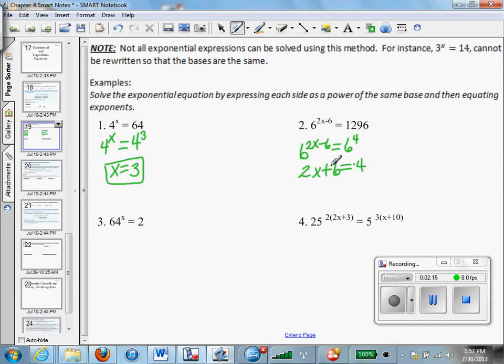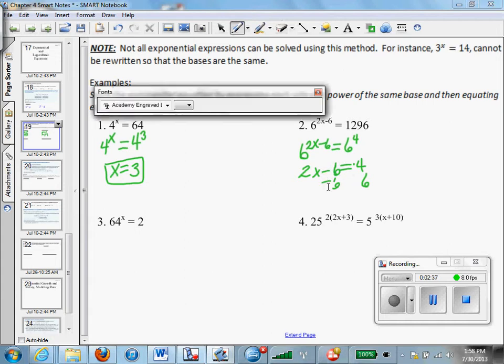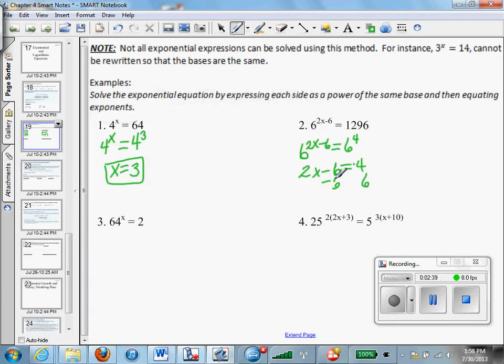Now let's solve for the variable x. So let's subtract 6 on both sides. And when we do that, excuse me, there was a little mistake. This was a 2x minus 6, so let's add 6 to both sides.